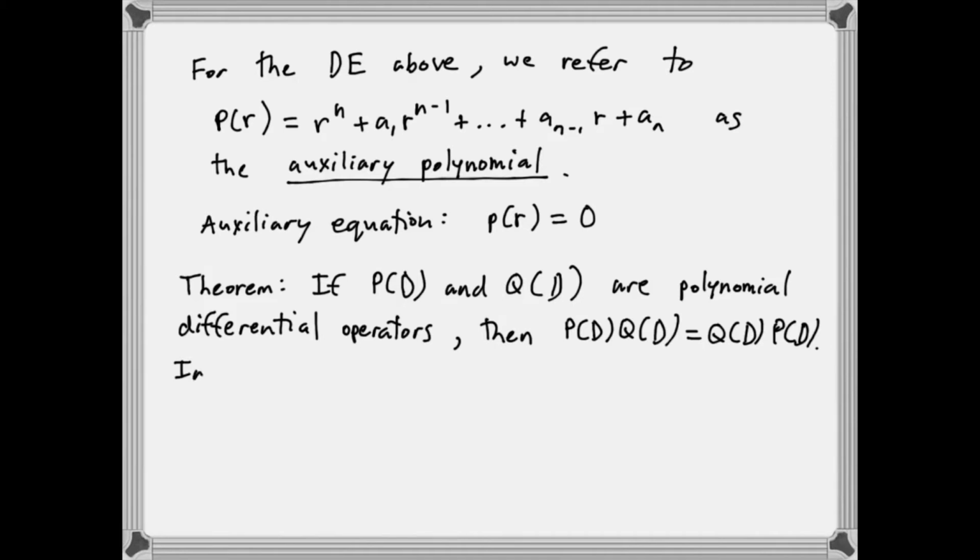In particular, this means these linear transformations are commutative. This is a big deal. So what does this mean? This means that we could factor these guys out.